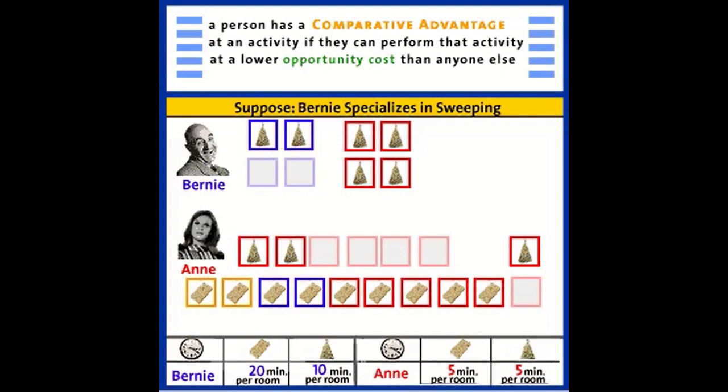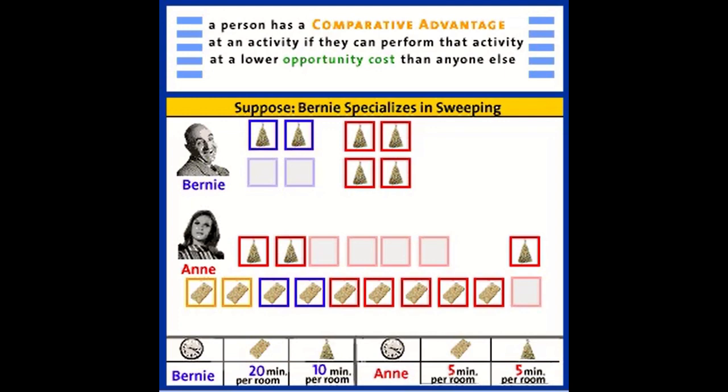By cooperating and specializing according to comparative advantage, by Anne doing more scrubbing and Bernie doing more sweeping, and by trading with each other, Bernie is just as well off as he was before, and Anne is better off than she was before. Now, is that necessarily going to be the case? Well, not necessarily.